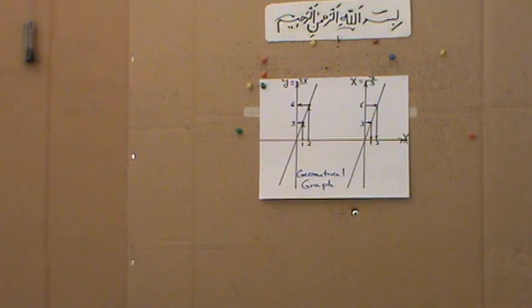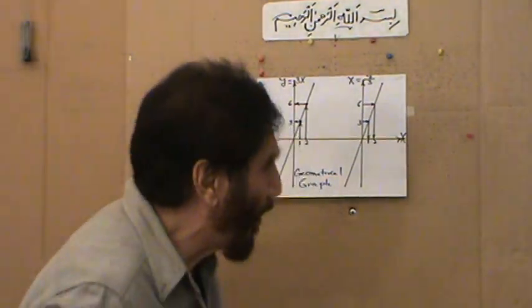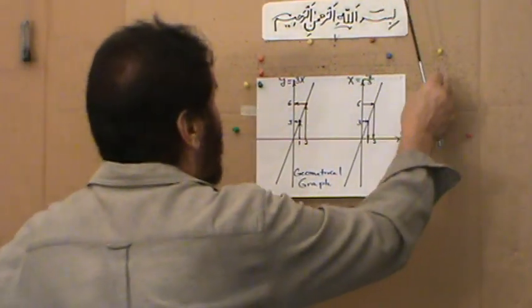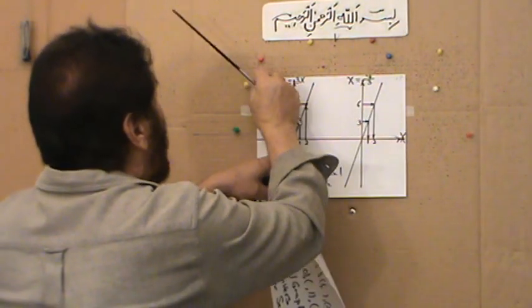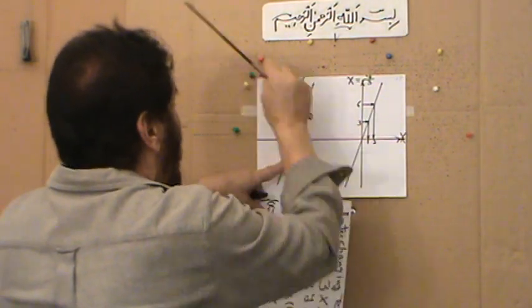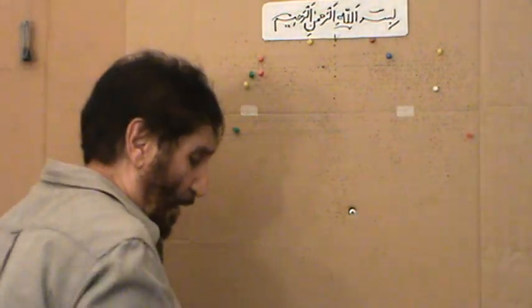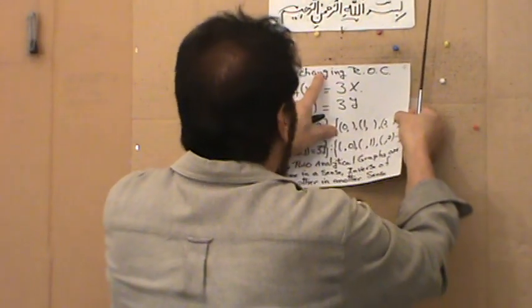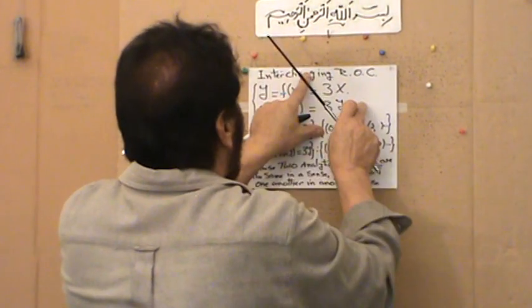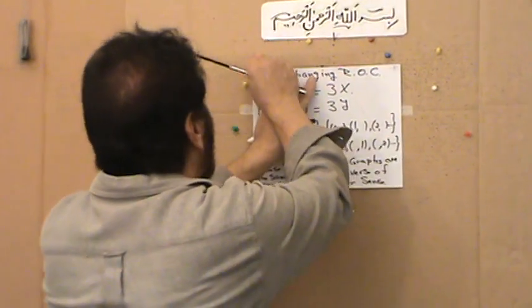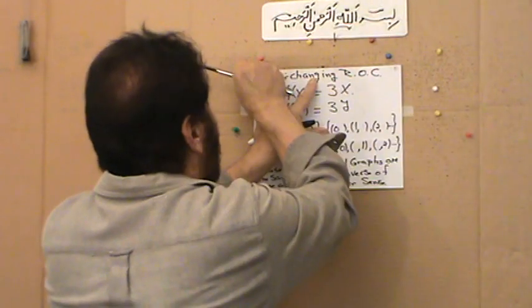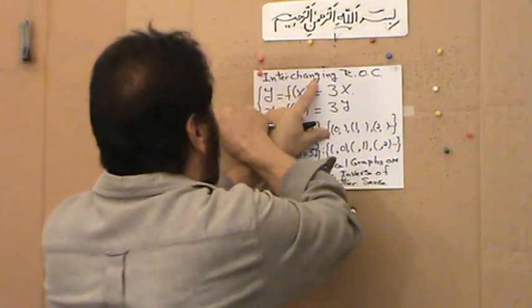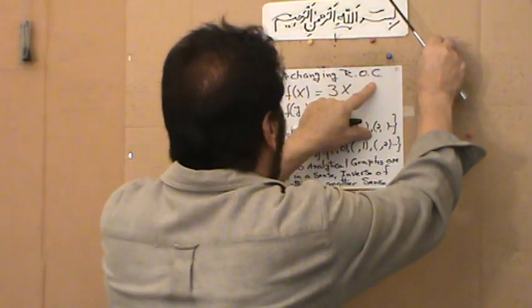Now comes the point that we do change the rule of correspondence, not change, but we interchange the rule of correspondence between x and y, and see what we can come up with in that case. So next one we are going to what? We are going to interchange the rule of correspondence between x and y.